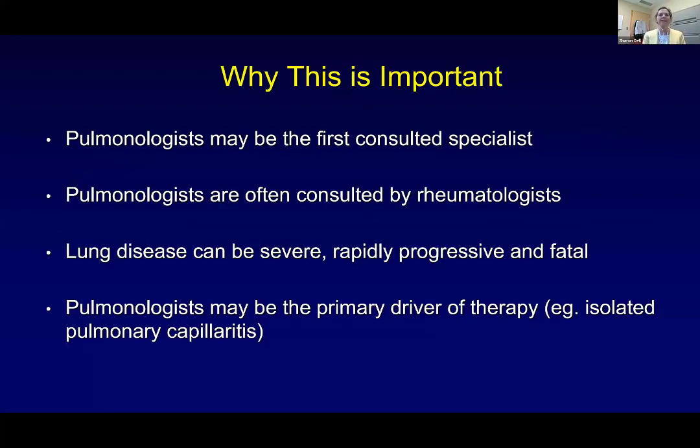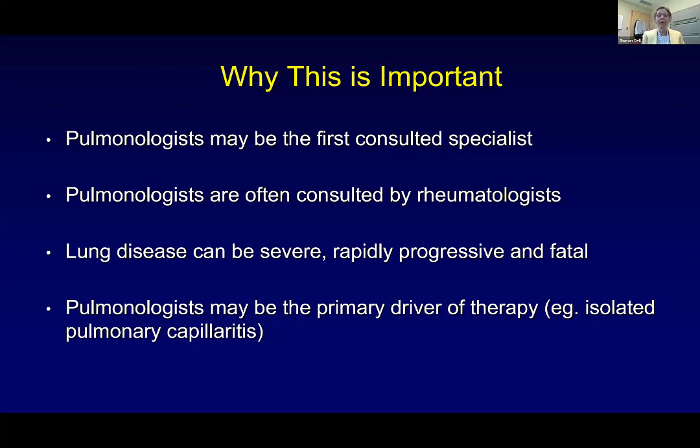Okay, so why is this important? I always tell our fellows that you need to know something about rheumatology and the rheumatological manifestations of pulmonary disease, because you would be surprised how many times you are the first specialist consulted to the emergency department when a child presents with a rheumatological condition.